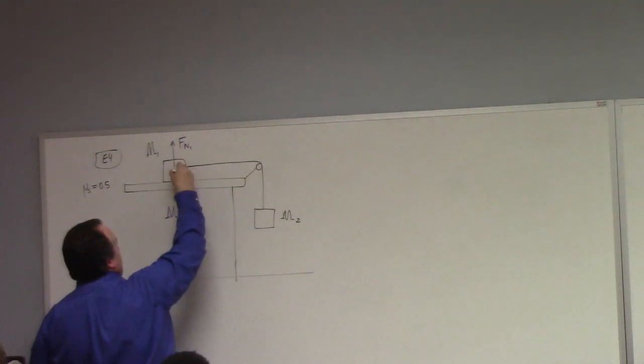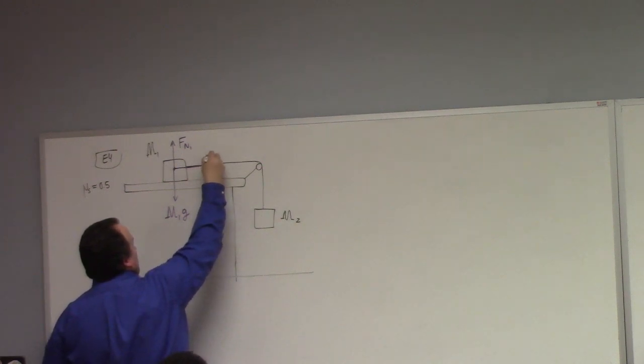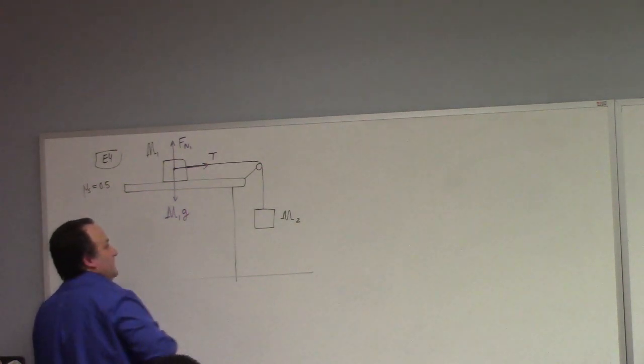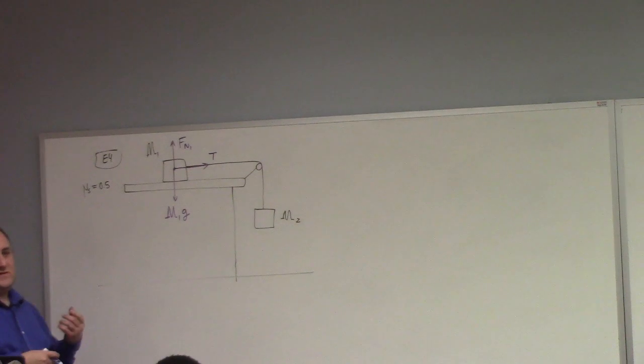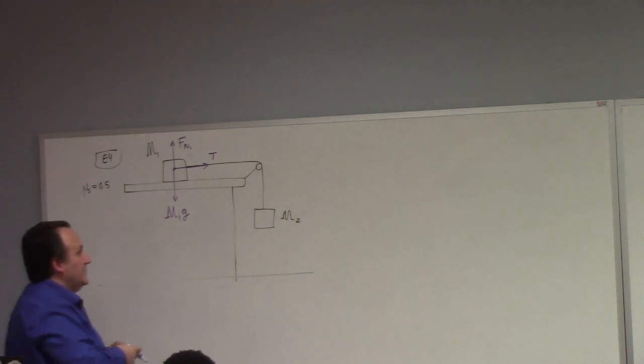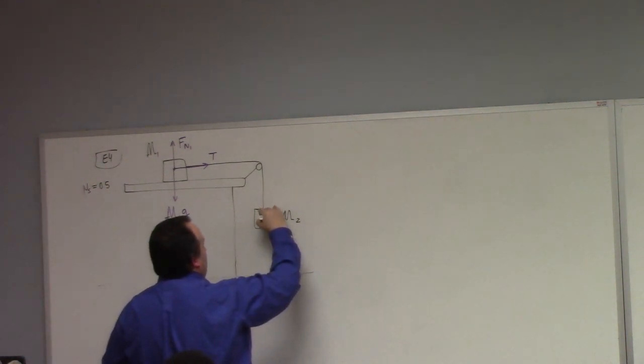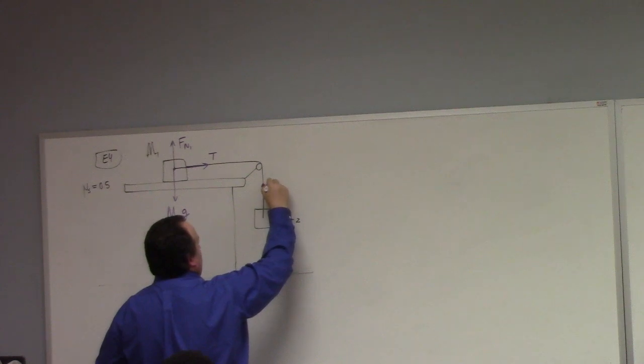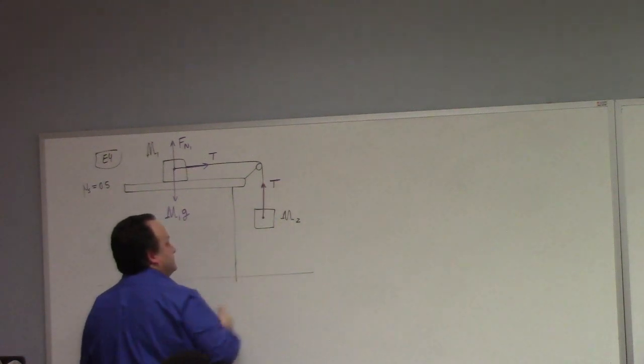So the tension force is like this. We're going to call that T, for tension. Tension is a part of a third law pair transmitted by the rope from one mass to another. Because the rope does not stretch and because there's no mass to the pulley around which the rope is going, that means the same tension. It comes this way. All right?